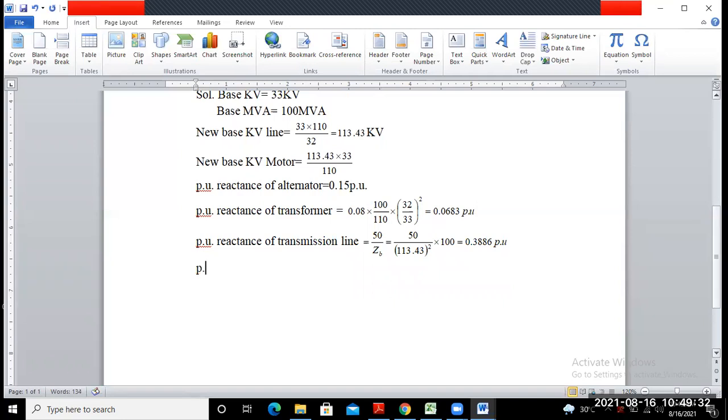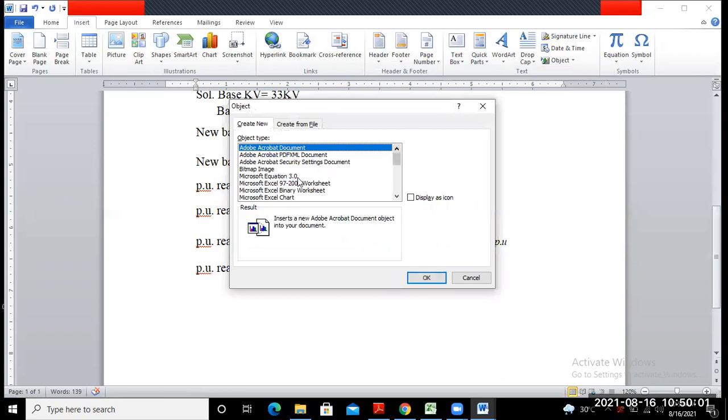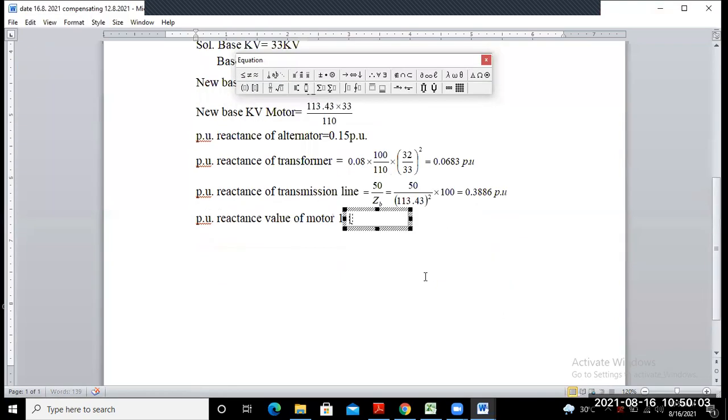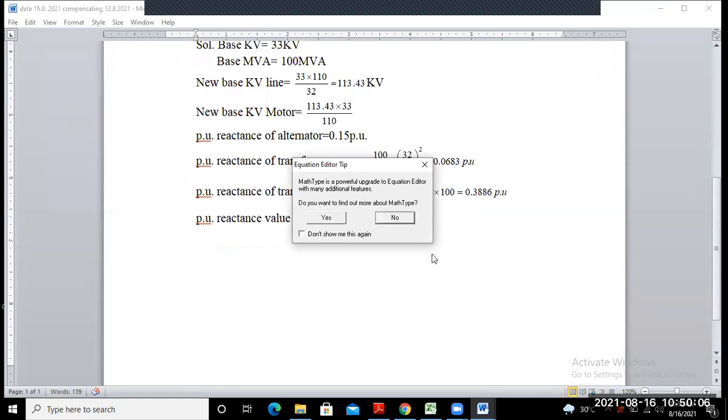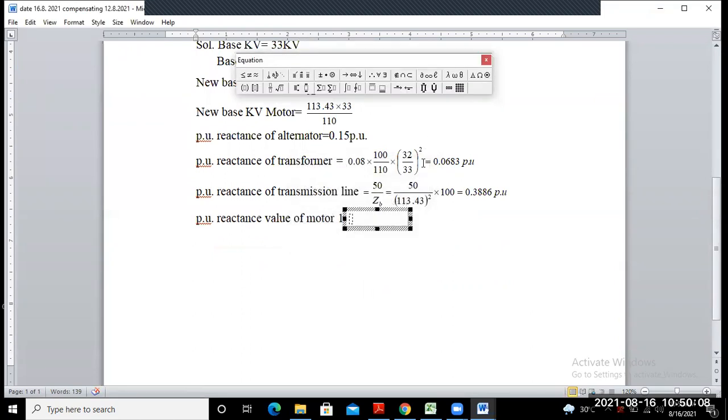So per unit reactance value of motor 1 is 0.2, given to you on its own base MVA and base kilovolt.